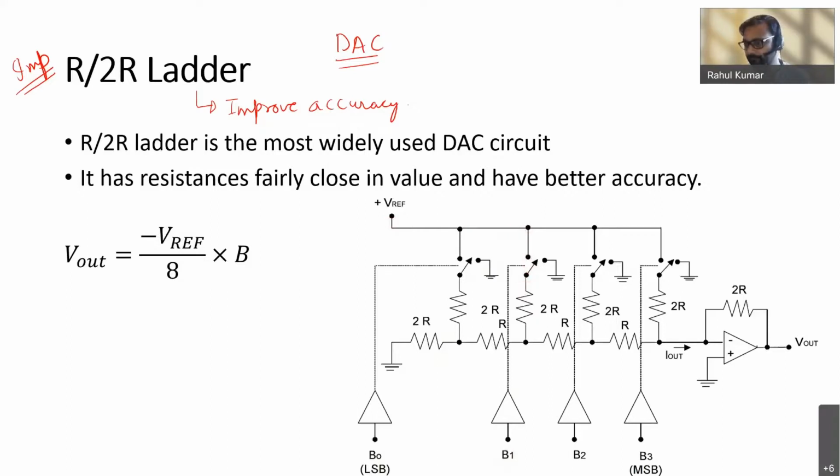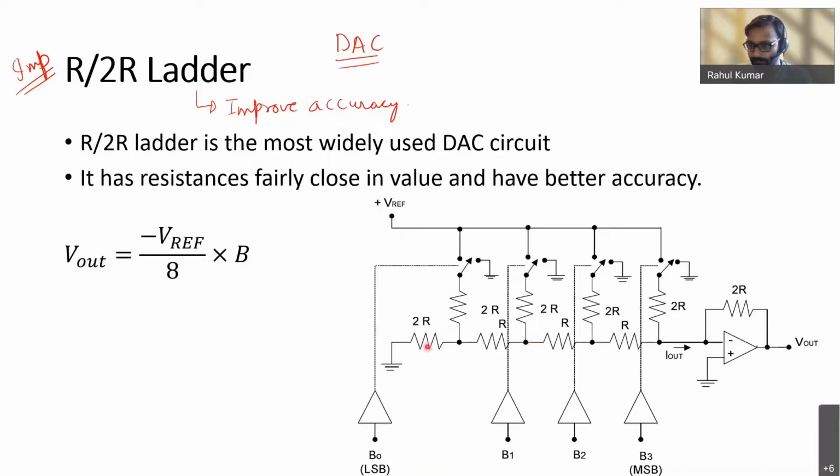Okay, so the connection of these switches is controlled according to the binary input. Depending on the binary input, either you will have V reference or it will be 0 volt.